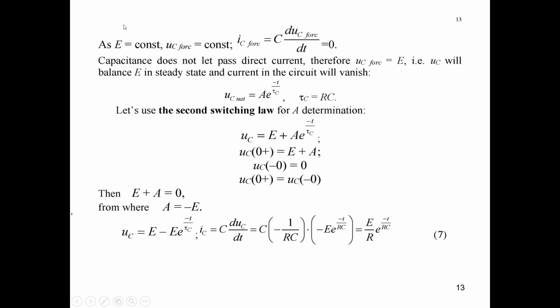So, when the applied EMF is constant, when it possesses DC character, uC forced will also be constant, and iC forced, equal to C duC forced/dt, will be equal to 0, because the derivative of any constant value equals 0.